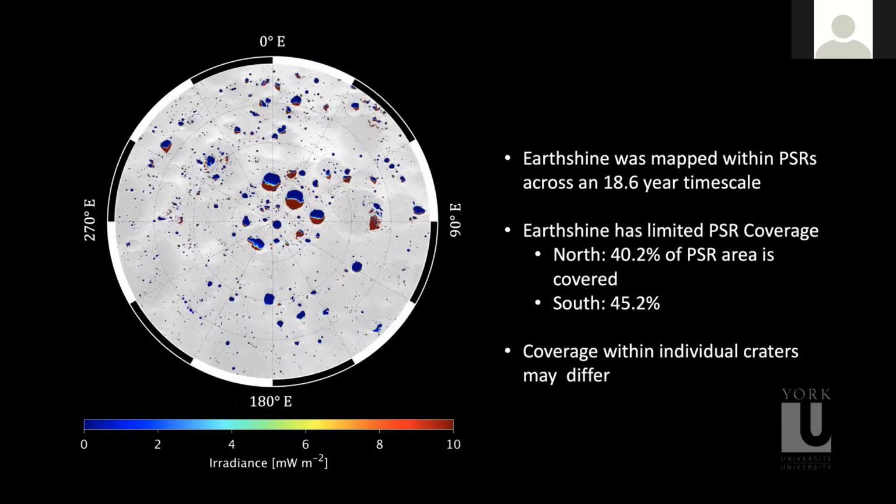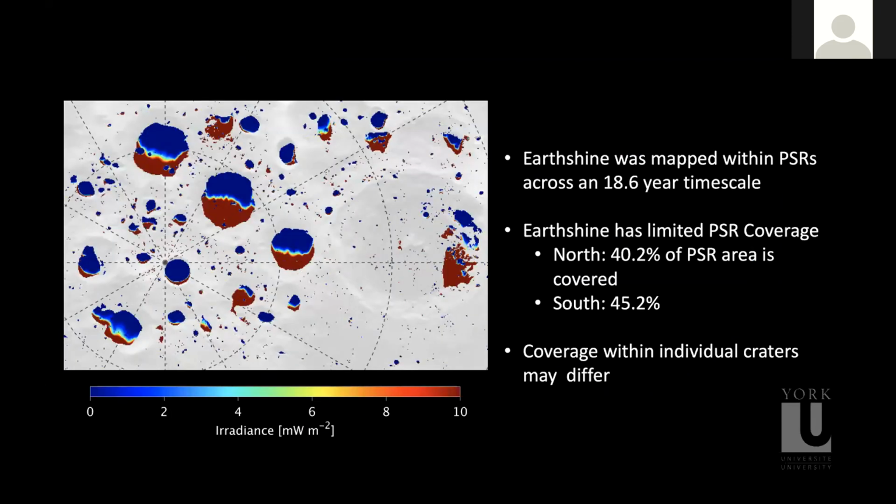But we applied this technique to all PSRs at the North and South Pole within 10 degrees of the pole. And we applied this over an 18.6 year timescale, because this is the lunar precessional cycle. Here's a zoomed in image so you can see. The main takeaway from this work is that earthshine is the second brightest source of illumination to the PSRs, but it's severely limited in coverage.